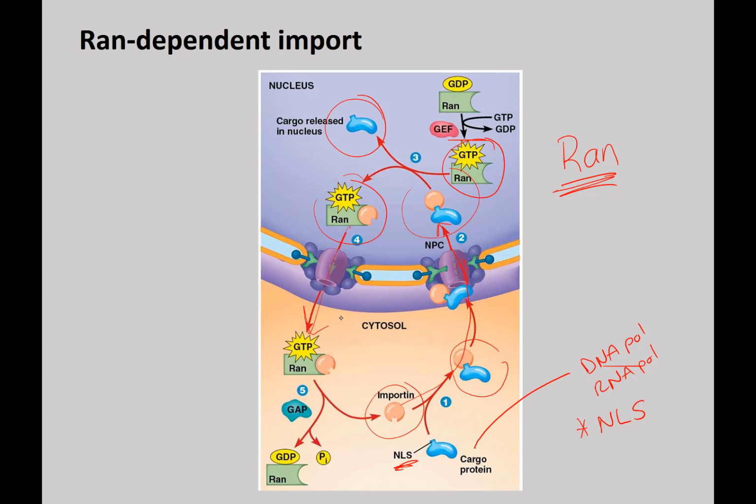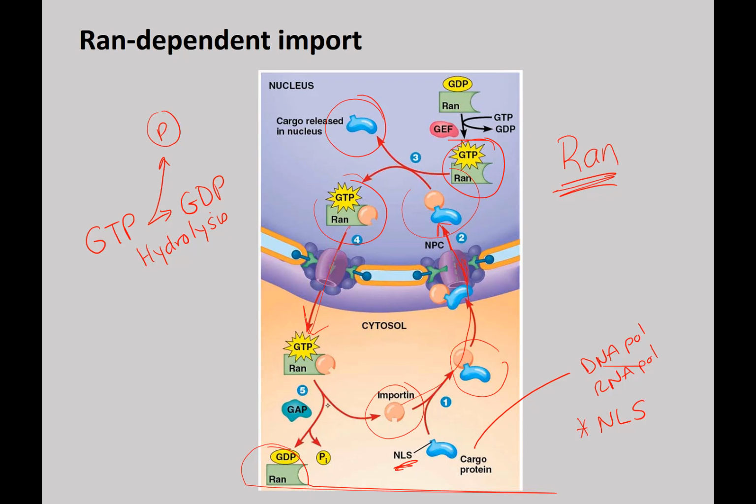RAN is then transported out, and what's important here is, remember, going from GTP or ATP to GDP or ADP is called hydrolysis. So you're losing a phosphate, right?